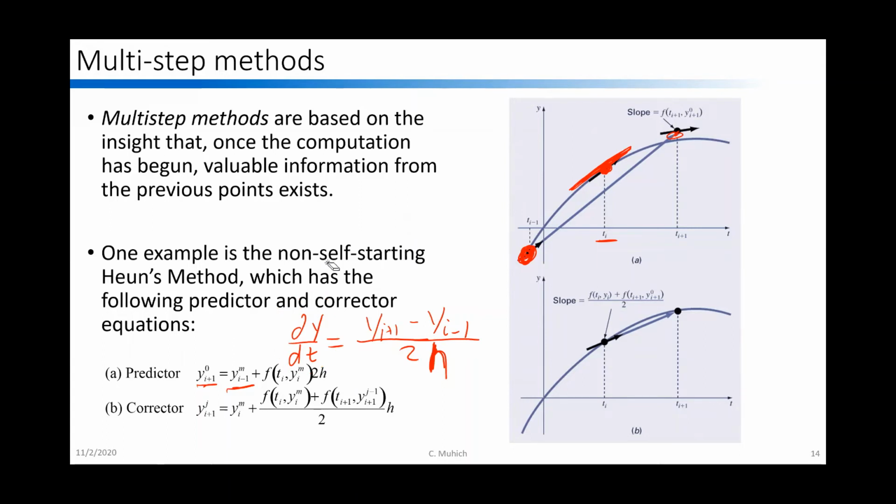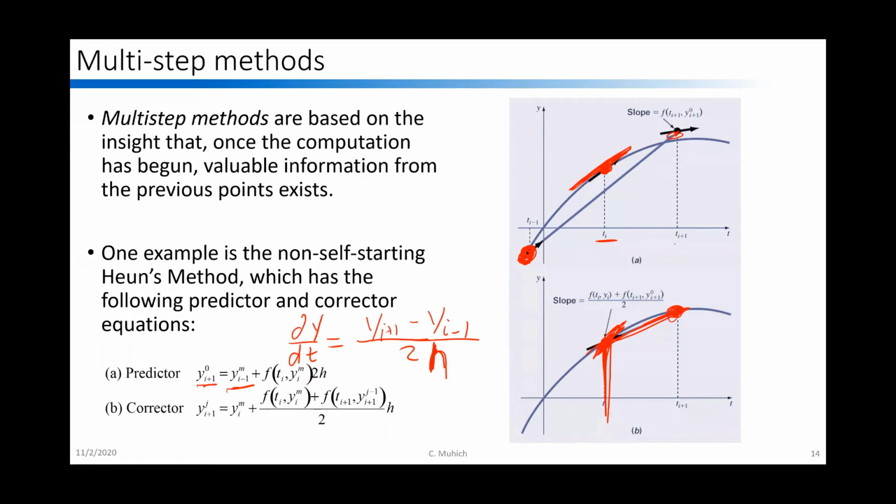The same idea now comes with the corrector. In this case, I'm still going to use the point where I'm currently at, so here I'm not using that back information, but I am going to move forward. I'm going to take the average slope at the point that I'm at, and then at this predicted value.